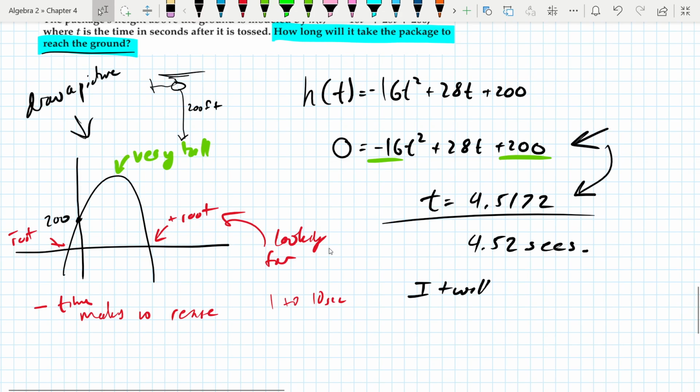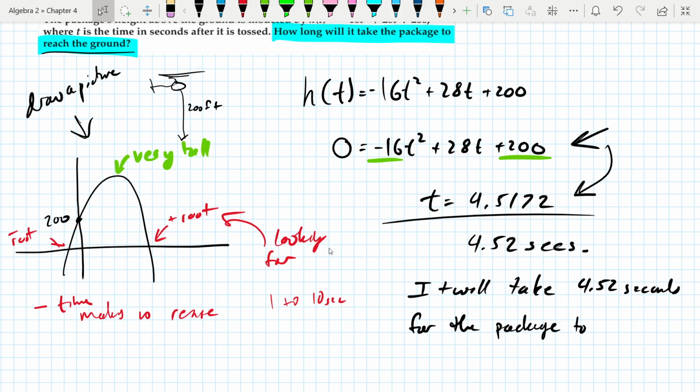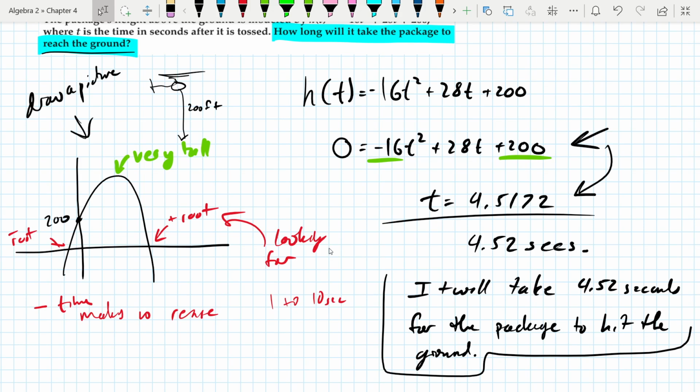It will take 4.52 seconds for the package to hit the ground. Now, what this does is this shows me that you understand it's more than just some number that the calculator gave you. There's some context to the problem, and that can demonstrate understanding of it.